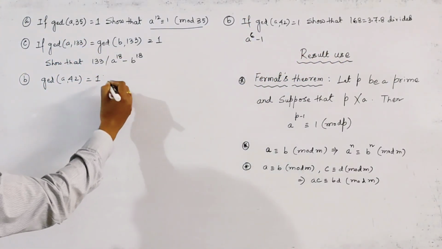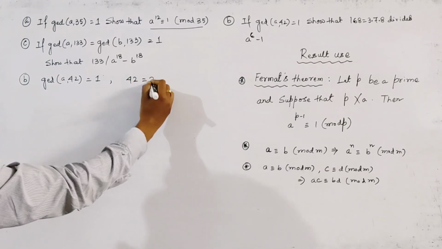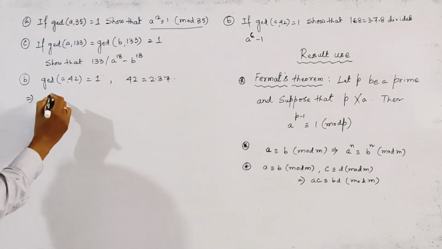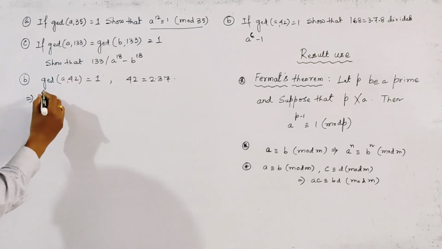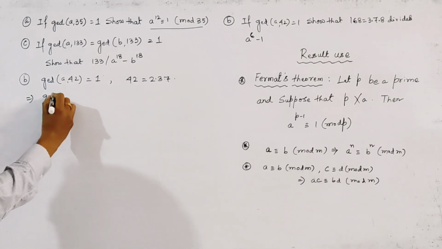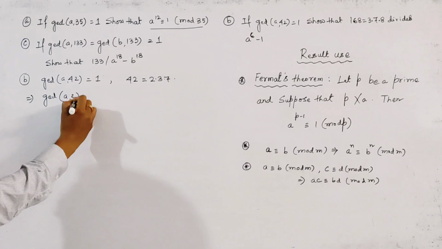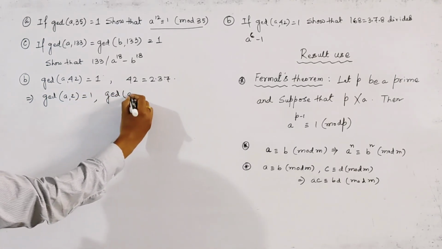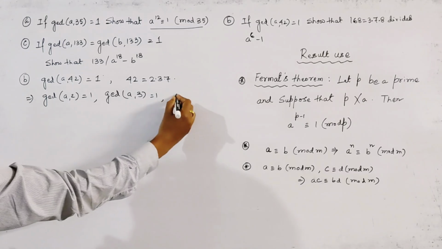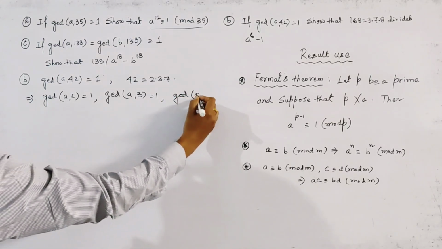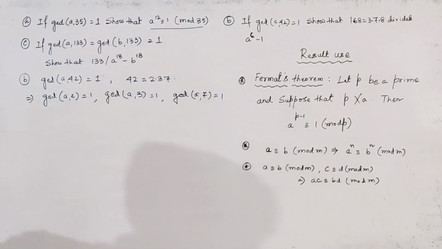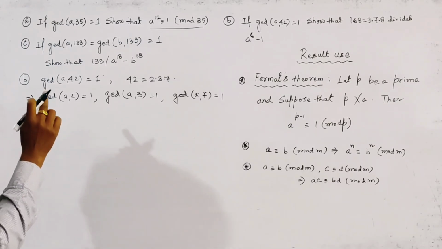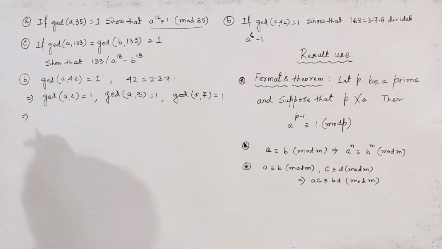Since 42 is 2 times 3 times 7, we can split this into three terms: GCD of A and 2 is 1, GCD of A and 3 is 1, and GCD of A and 7 is 1. We use Fermat's theorem as in case A.